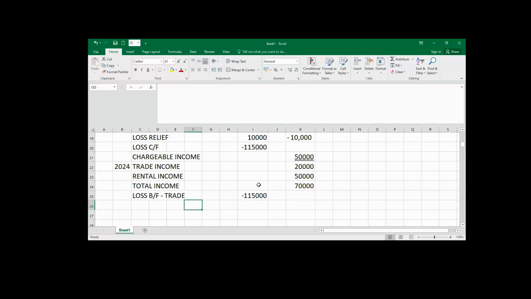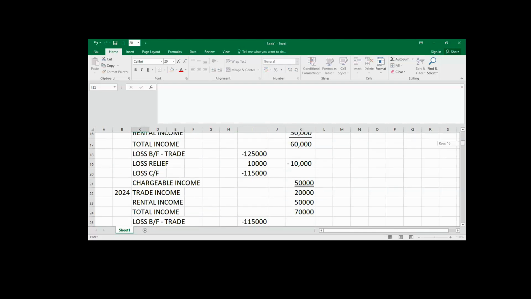So for loss relief, we can only relieve 20,000. So the 20,000 will also be relieved from his income. So what will now happen to this loss?